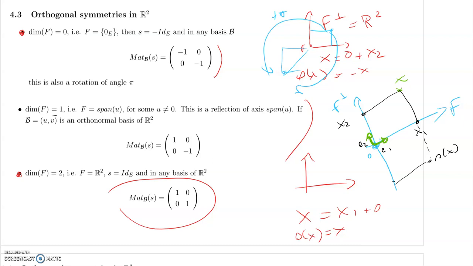So we have that S of E1 is going to be itself, so E1, that is 1, 0 in that basis E1, E2, and S of E2 is of course going to be sent to its opposite, negative E2. Okay, so the matrix is going to be represented by 0 times E1 plus negative 1 times E2, all right? So that's fairly nice.